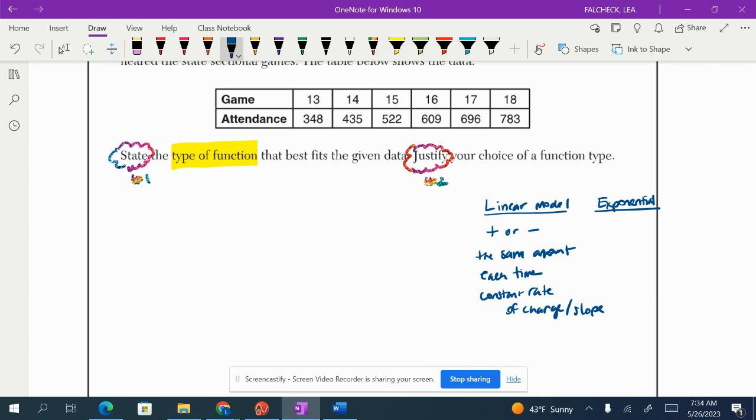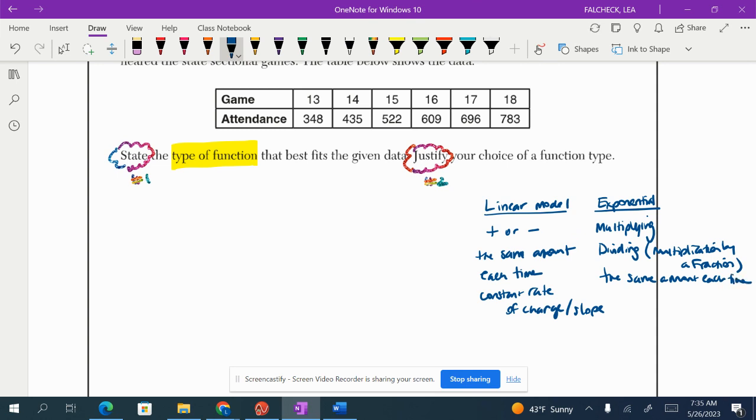If the type of function that best fits the data is an exponential model, then we would be multiplying or dividing, aka multiplication by a fraction, the same amount each time.